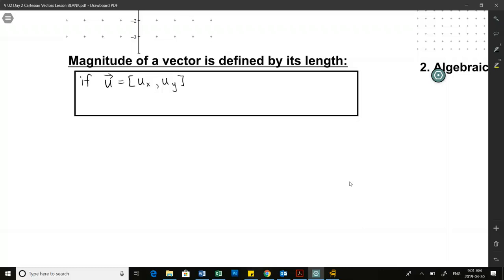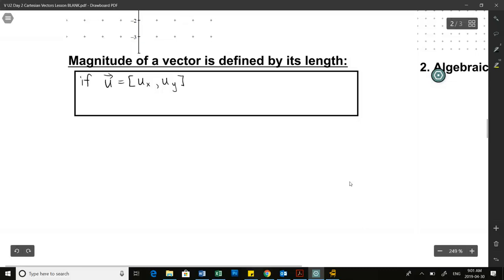Now if I have this, this is saying that my first point or the tail of this vector is 0, 0, and the last point on this vector is ux and uy. So when we actually find distance, usually we do x2 minus x1 squared plus y2 minus y1 squared. But I don't need to do that in this case because I know that the tail of this is 0, 0.